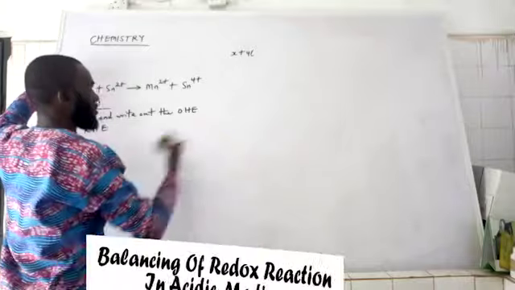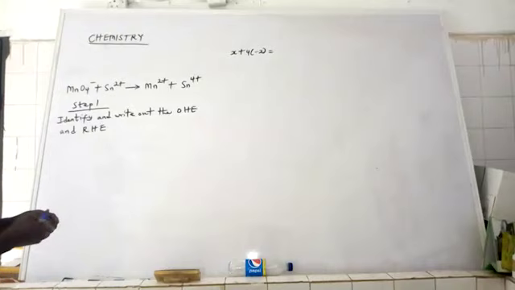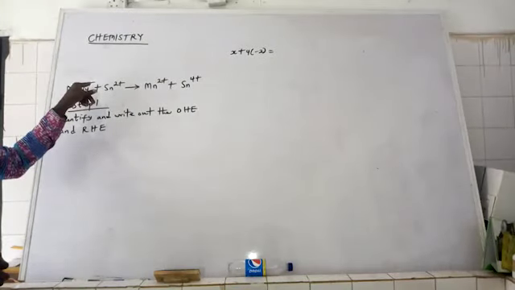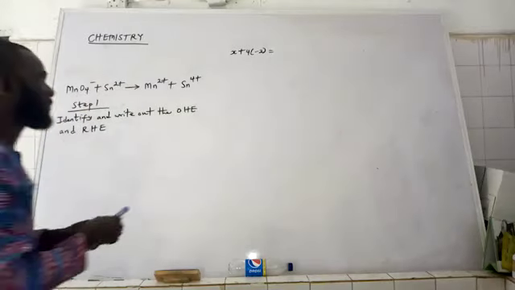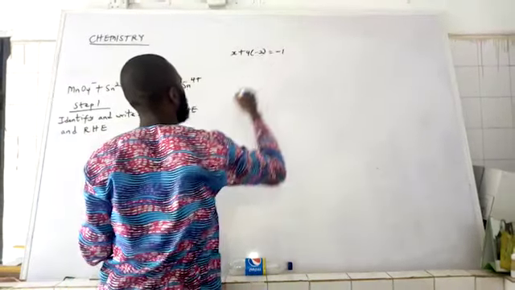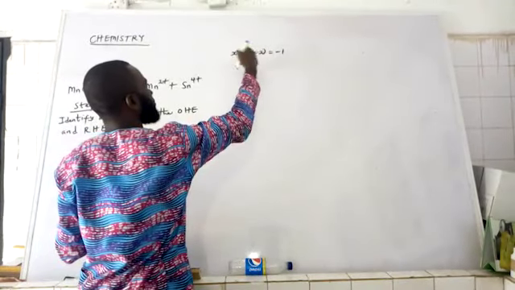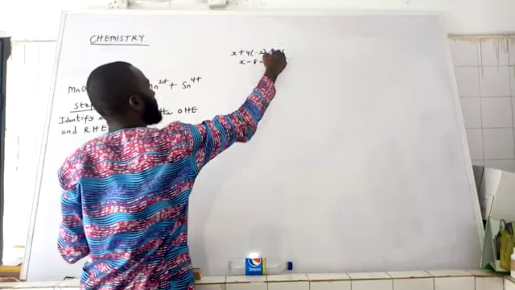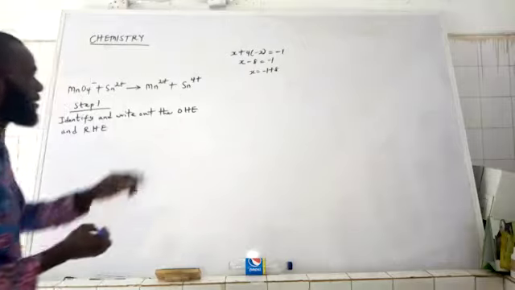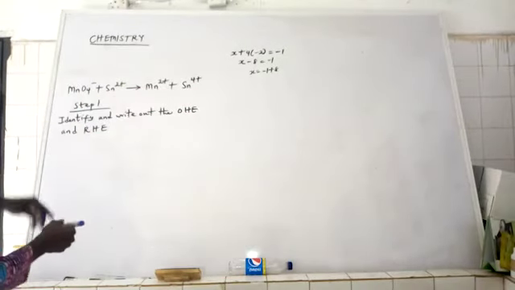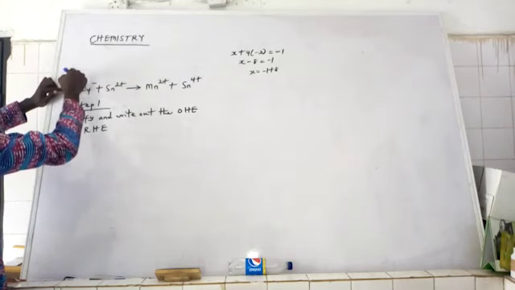And this is not a peroxide, so we have -2, which is equal to, now, the net charge here is what I'm going to get as my result on the right hand side, which is -1. So if I open the bracket, I'm going to have x plus 4 times -2, that is, 2 times 4 is what? 8, which is equal to -1. So my x is going to be -1 plus 8. That implies that -1 plus 8 is what? 7. That means this manganese has a charge of +7.